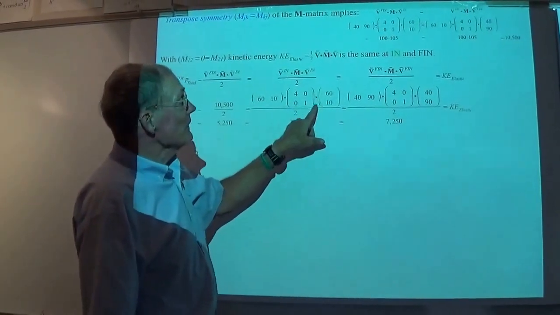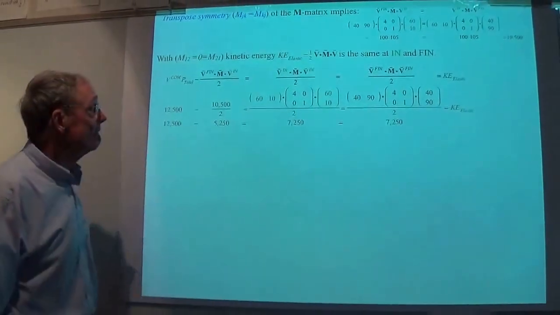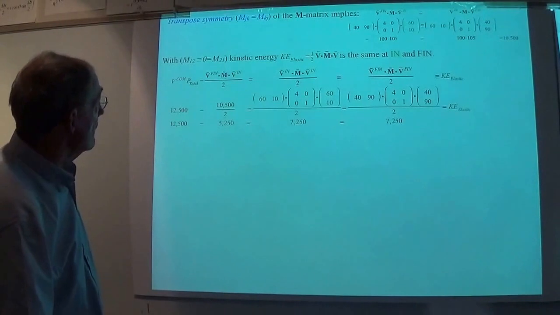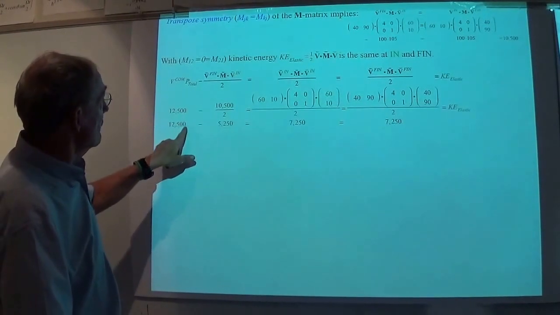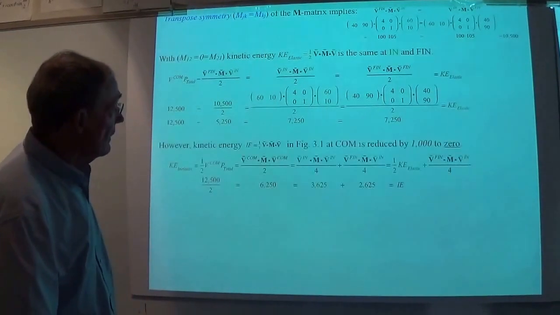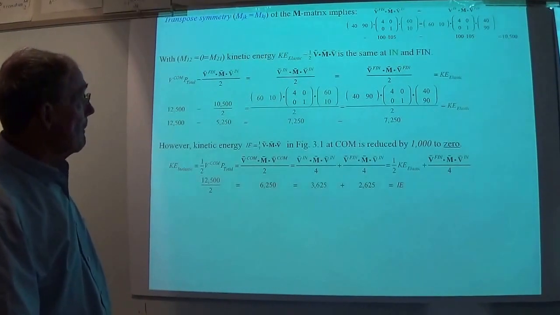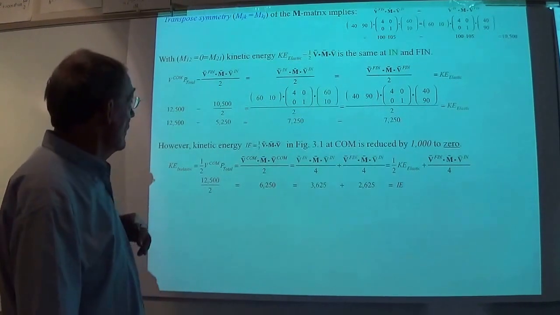Okay, this is the final. They better be the same, they say. And indeed they are. Now this is kind of interesting. This 12.5 minus that thing is giving the total as well. That's kind of useful for some stuff that will come up later on. But it's worth looking at this.